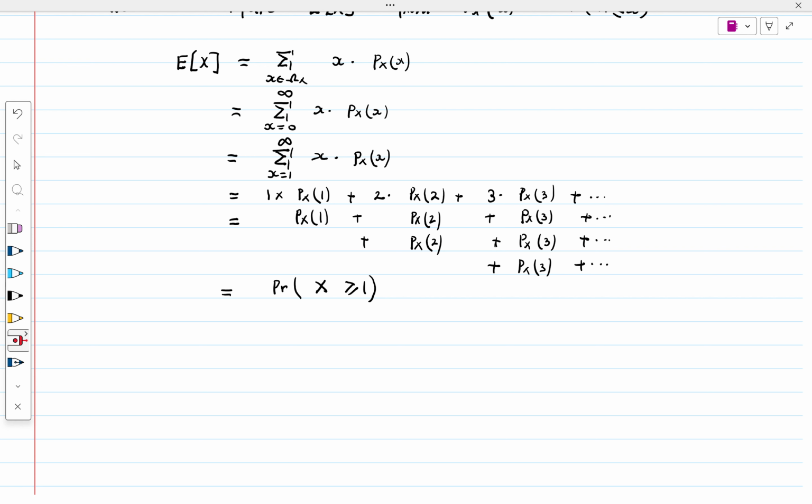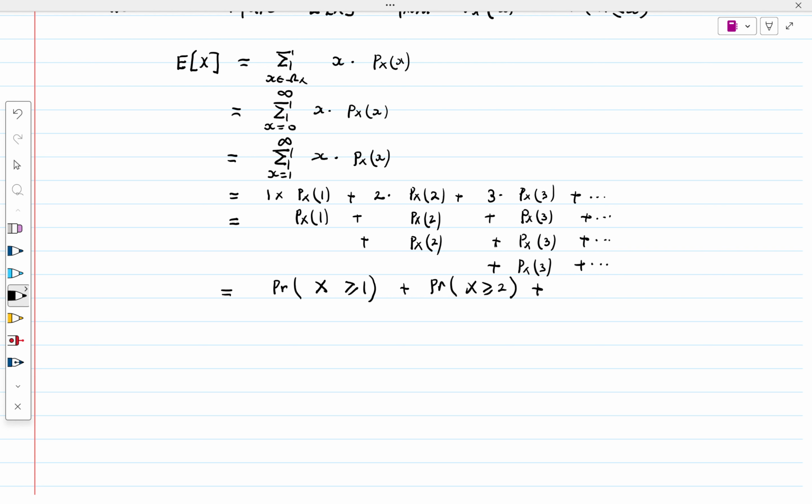The next one, you'll notice, doesn't start at 1 but at 2: the probability of x equals 2 plus the probability of x equals 3, and so on. That is the probability that x is greater than or equal to 2.